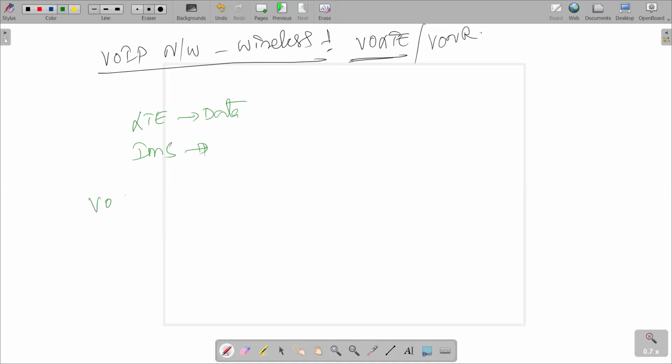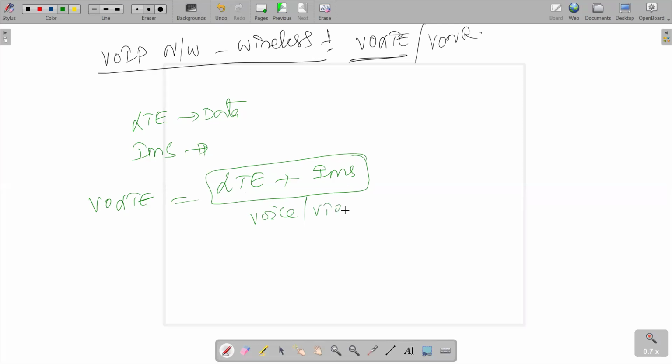They joined IMS with LTE as the base network. With the help of IMS, LTE can provide voice communication as well as video communication. I hope you got it, right?